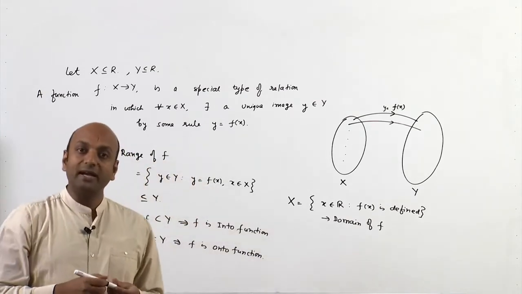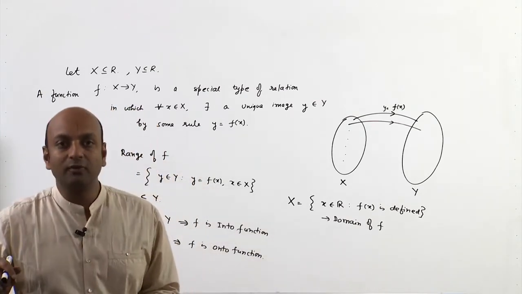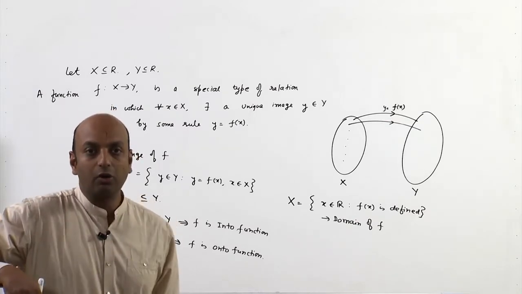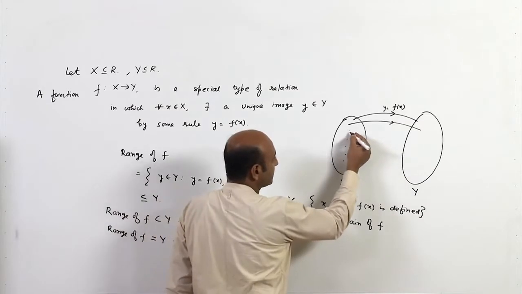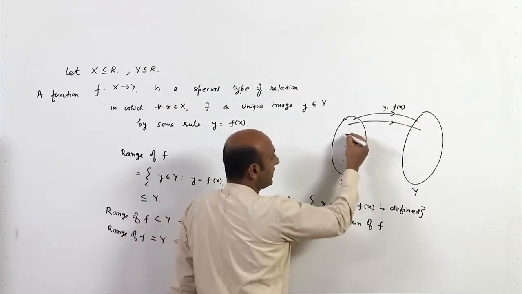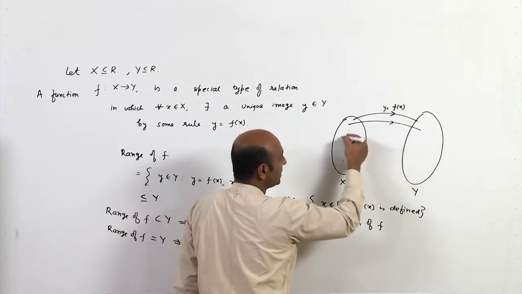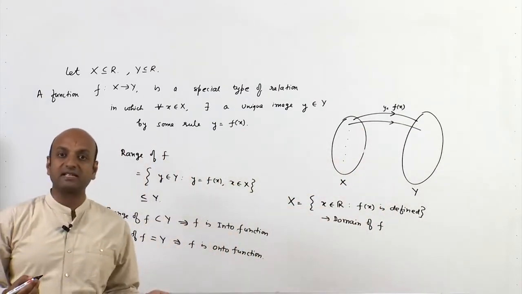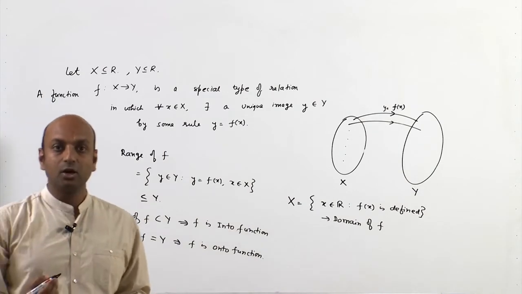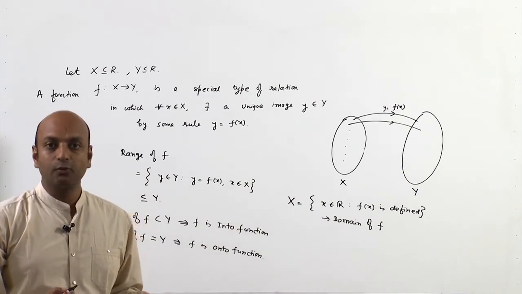We have also defined one to one mapping, or one to one function, and many to one function. How can you define that? If you take any two distinct x in X and the images corresponding to those distinct x are also distinct, then for every distinct pair x1 and x2 in capital X, we say that the mapping is 1 to 1.